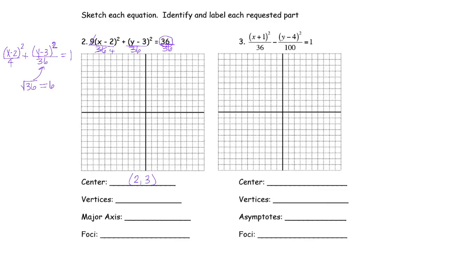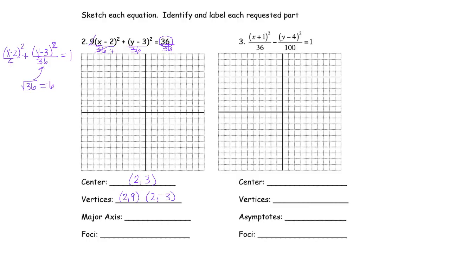So that 6 is going to be a big part down here, because for your vertices, notice that 6 was under the y term. So your vertices are going to be 2 comma, well, 3 plus 6 is 9, and the other is going to be 2 comma 3 minus 6, which is negative 3.